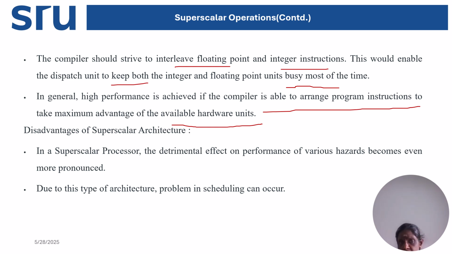And disadvantage of superscalar architecture. In a superscalar processor, the detrimental effect on performance of various hazards becomes even more pronounced, because in the previous slide we assumed that in the absence of hazards, many processing elements can perform multiple tasks during only one clock cycle.